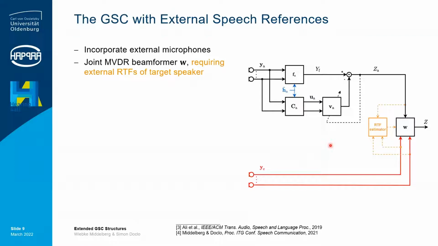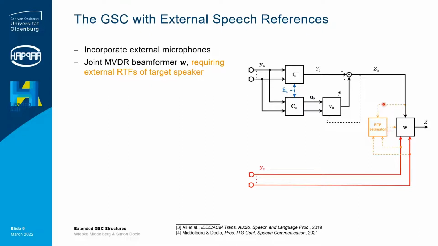And the first approach would be to use a joint MVDR, or respectively MPDR beamformer, which uses the output of the local GSC and the external microphone signals. However, this beamformer requires an estimate of the external RTFs, which strongly depends on the signal to interferer ratio, meaning that the more interferer there is in the signals, the worse this estimate will get.